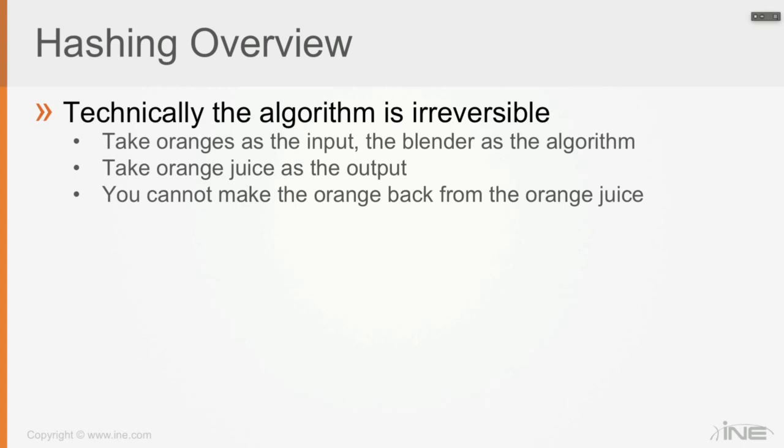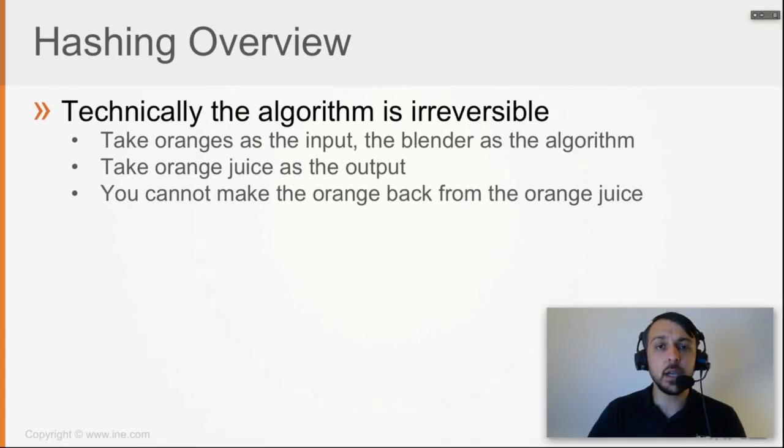The result is the orange juice, which in the computer world is the fixed-length hash. And you cannot make the orange back from the orange juice. That's why they call hashing functions a one-way mathematical function.